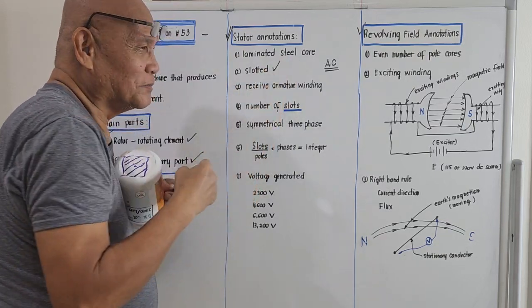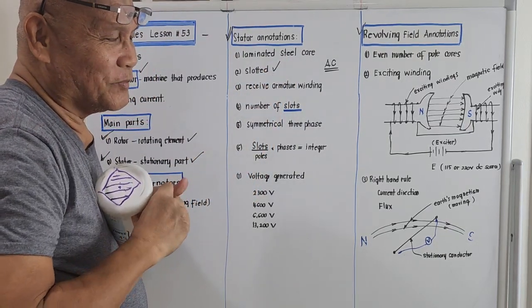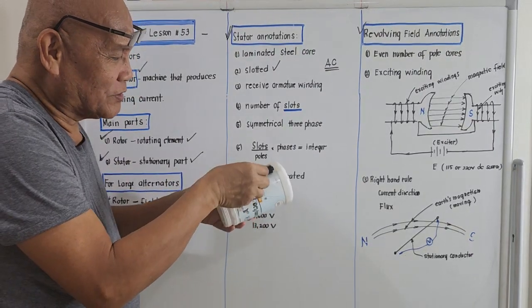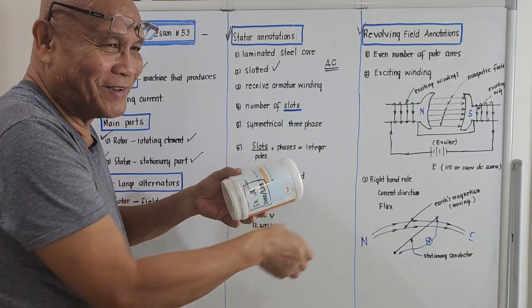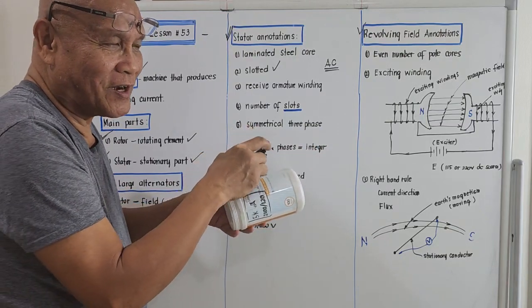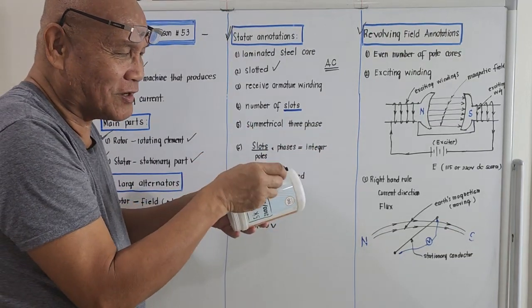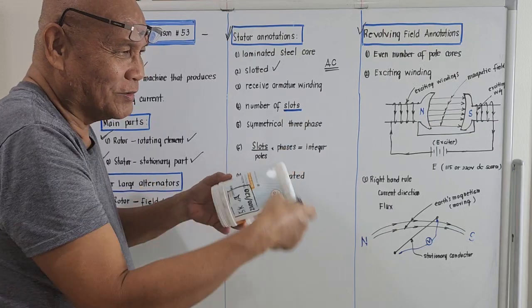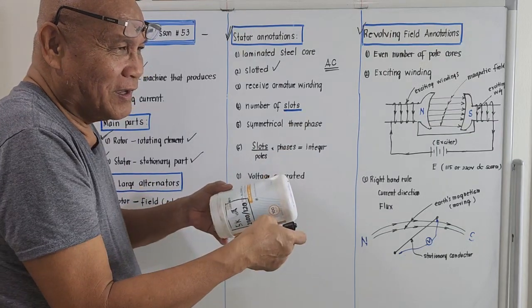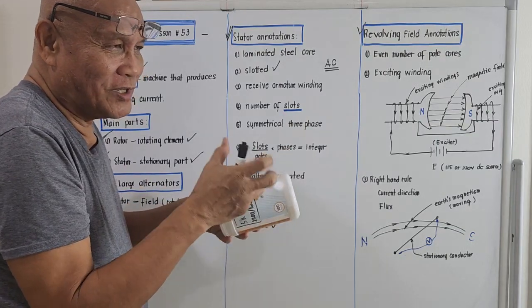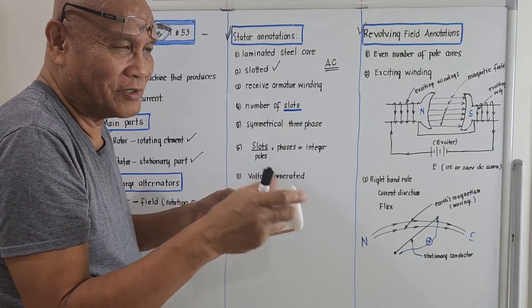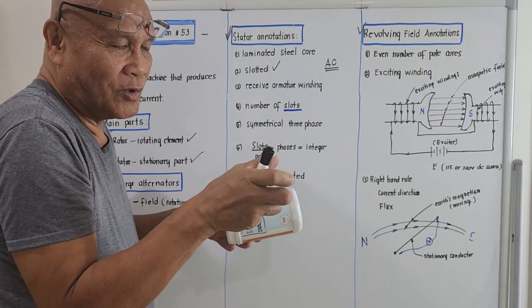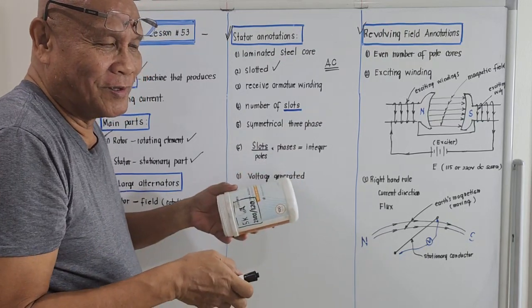Why is it slotted? There are openings around in which we place the armature windings. We need armature windings placed in the slots going around for us to generate a voltage, because the first requirement of voltage generation is that we should have a conductor.